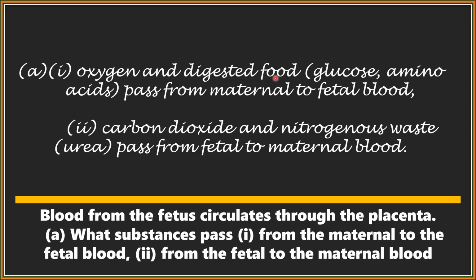Oxygen and digested foods, that is glucose and amino acids, pass from the maternal to the fetal blood. Carbon dioxide and nitrogenous waste, urea, pass from the fetal to maternal blood.